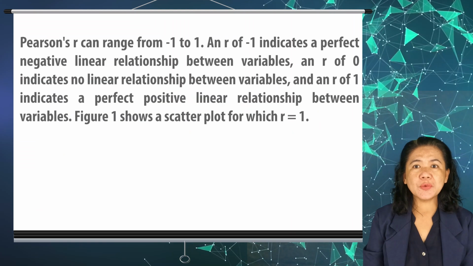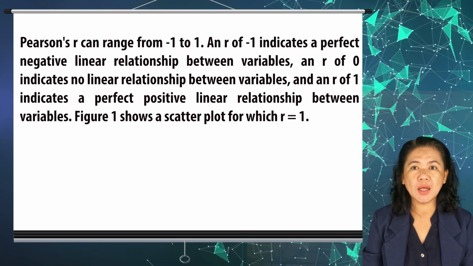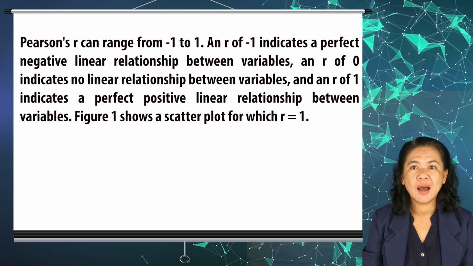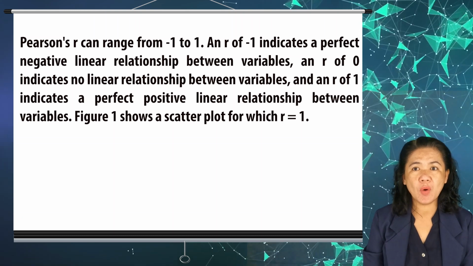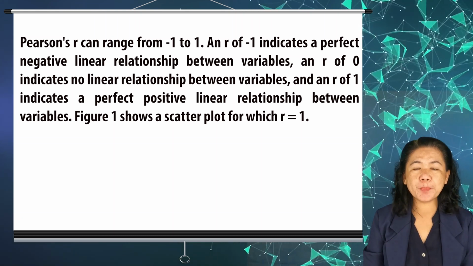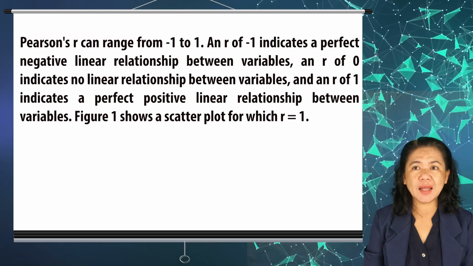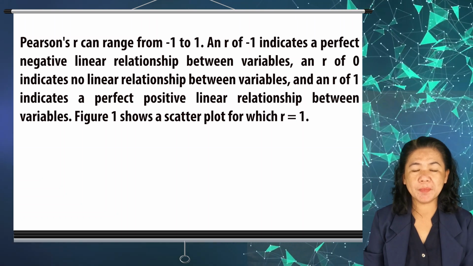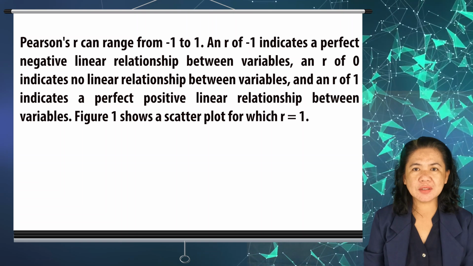Pearson's r can range from -1 to 1. An r of -1 indicates a perfect negative linear relationship between variables.